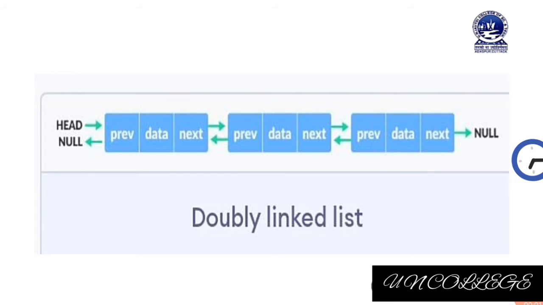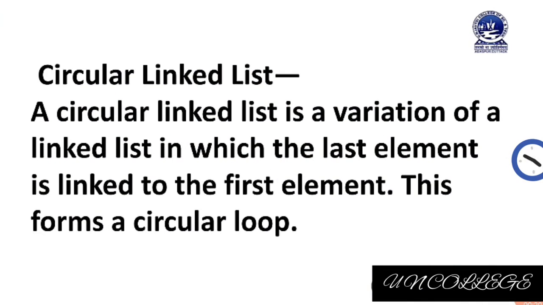Now one important aspect related to the doubly linked list: the first node's previous pointer part contains a null value and the last node's next pointer part contains a null value.